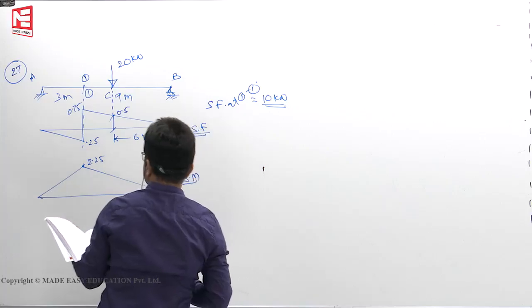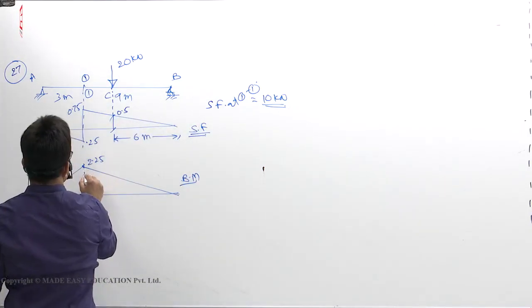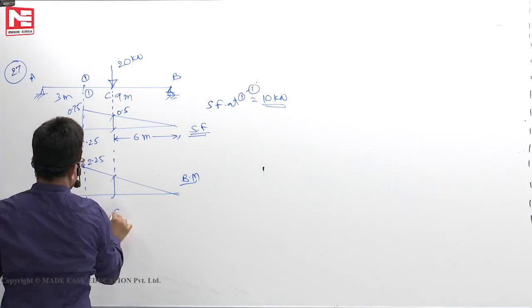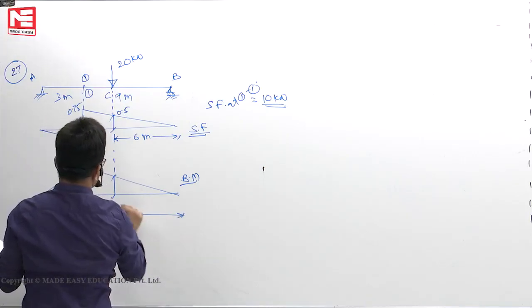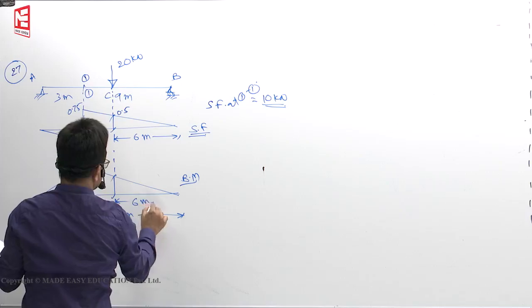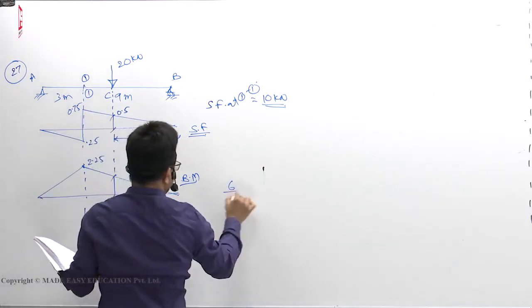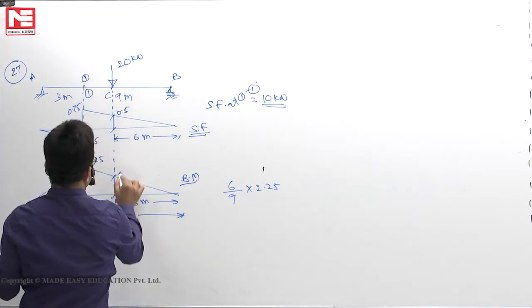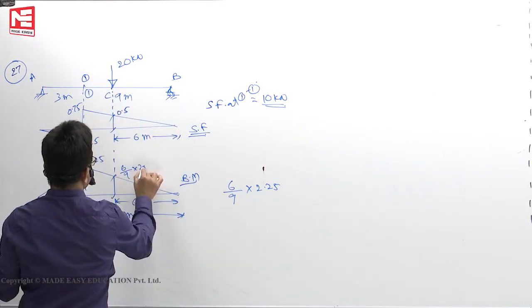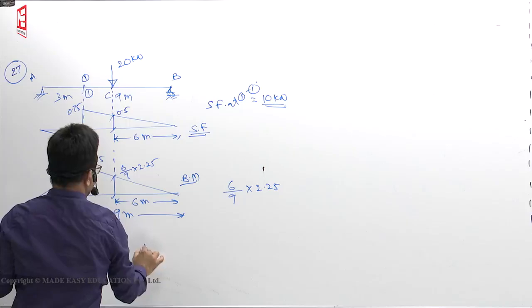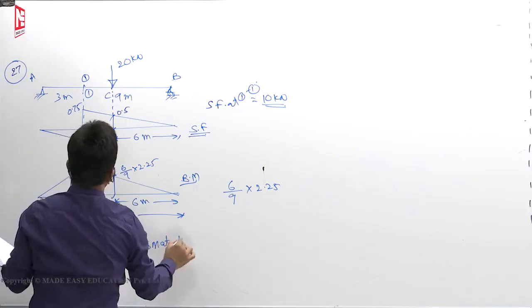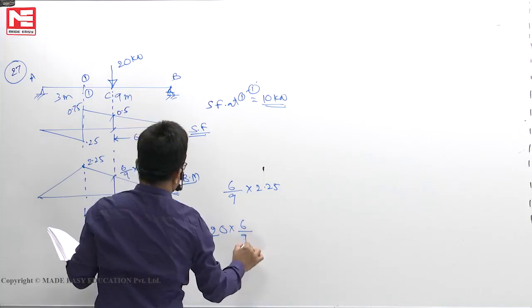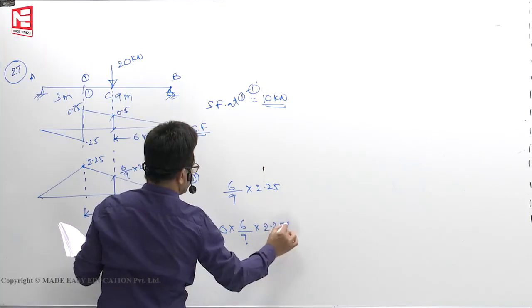Then directly put bending moment. This is 2.25. For 9 meters, 2.25. For 6 meters, how much? So 6 by 9 into 2.25. Then bending moment at 1-1 is 20 into 6 by 9 into 2.25.